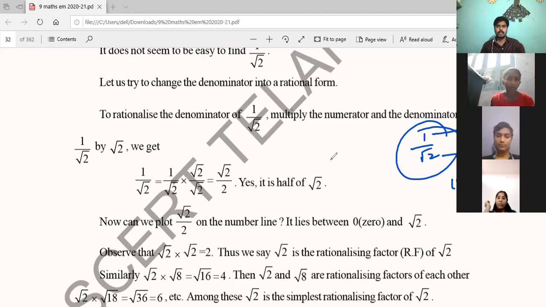But if the denominator is rational, it will be a little bit easy to find. So what we are doing here is converting the denominator into rational form. Here we have an irrational number in the denominator. That irrational number we are going to convert into a rational form.